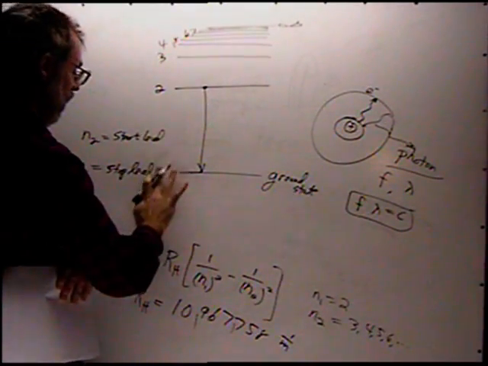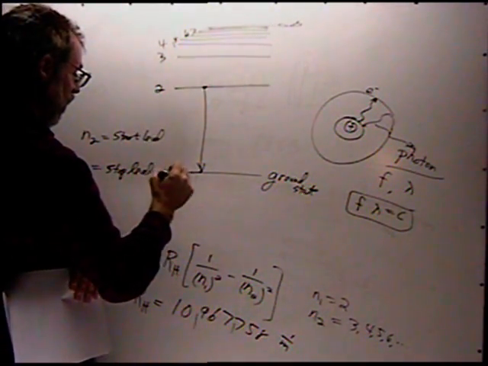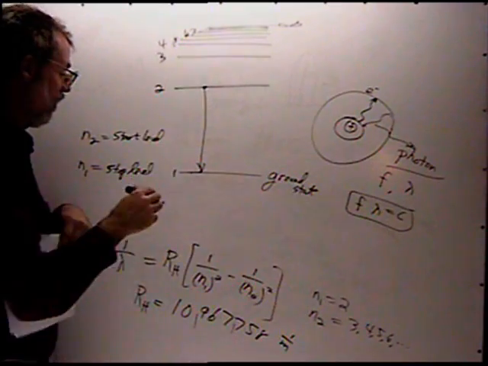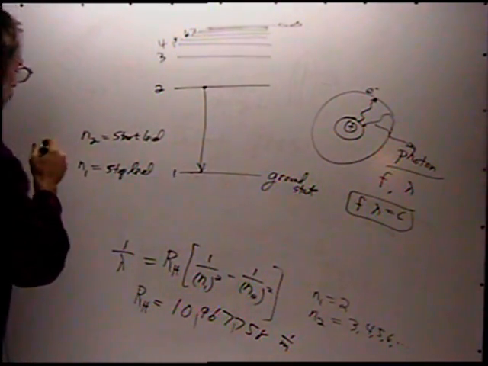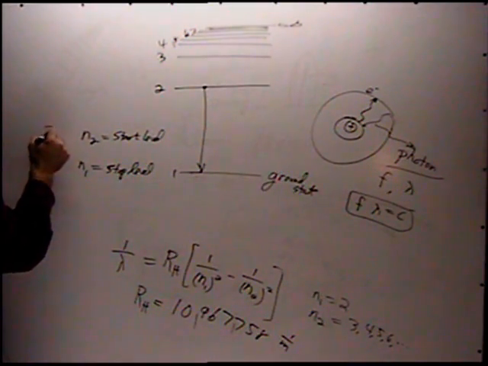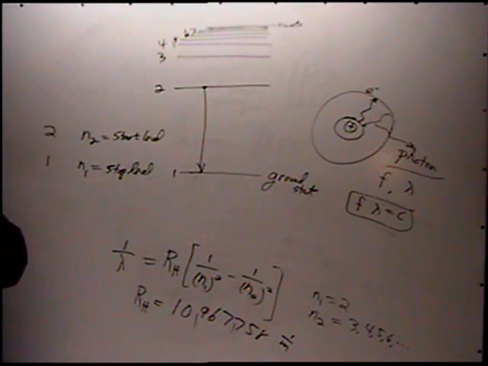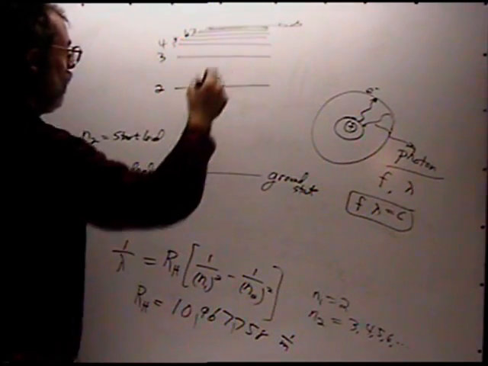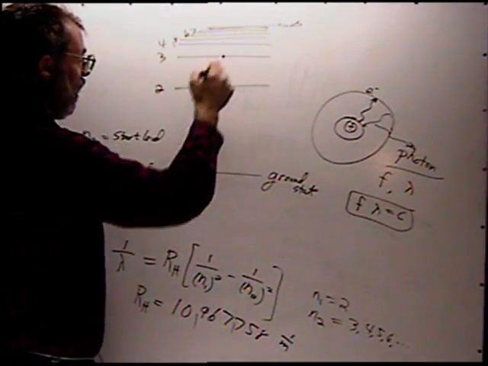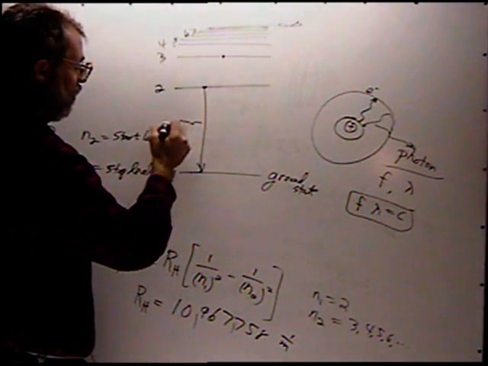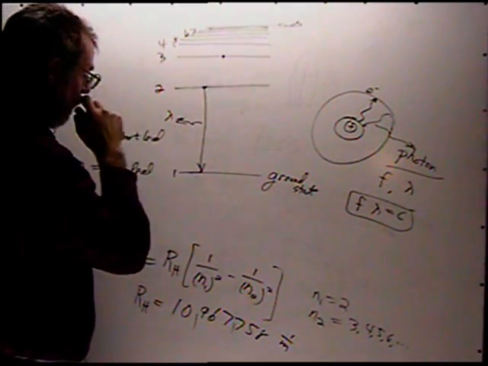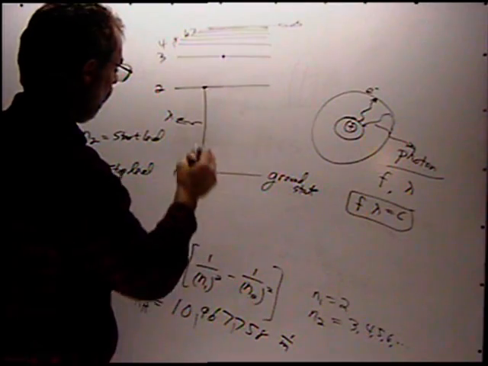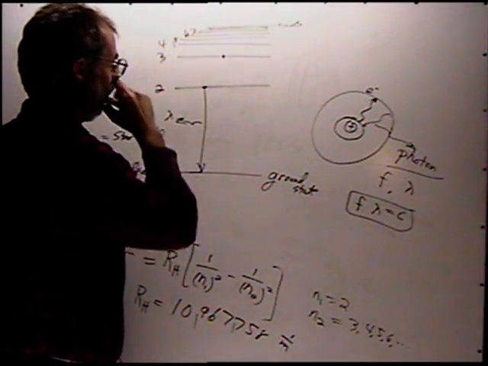If we start from n2 and jump down to n1, n2 would be 2 and n1 would be 1. So if we start here, that would give off a certain size photon. Basically the energy comes out as an energy photon.